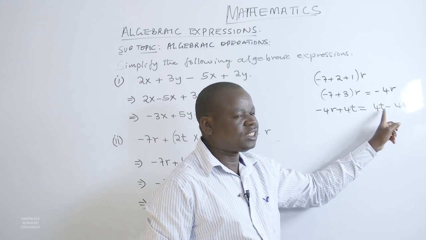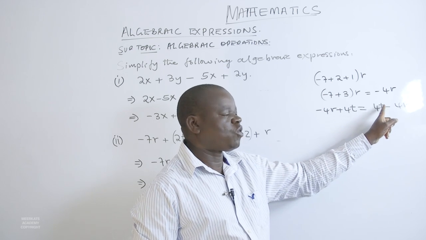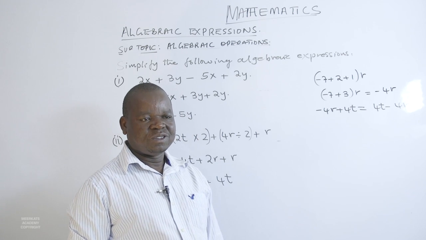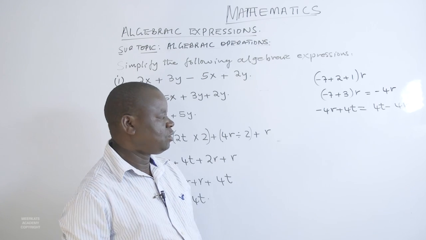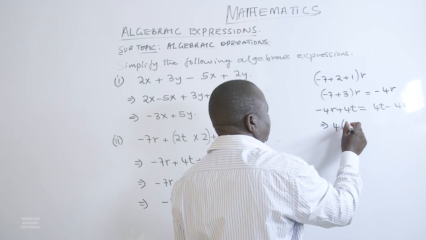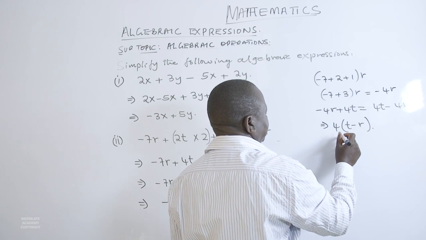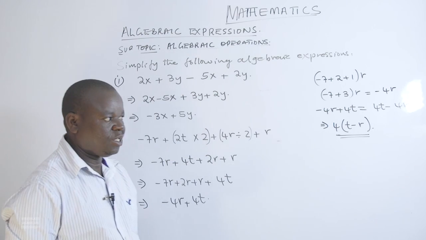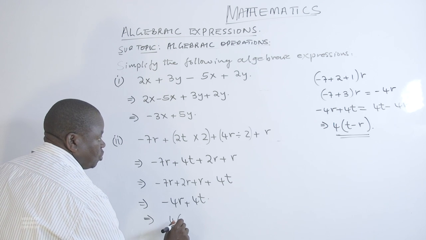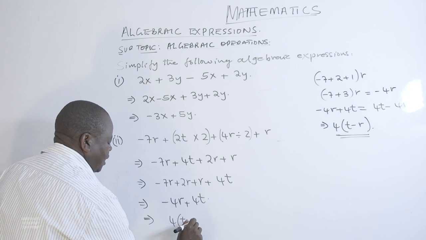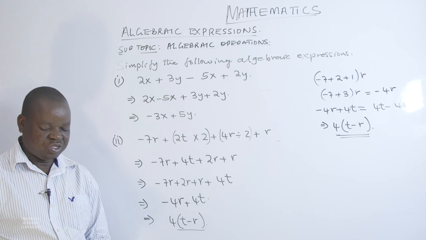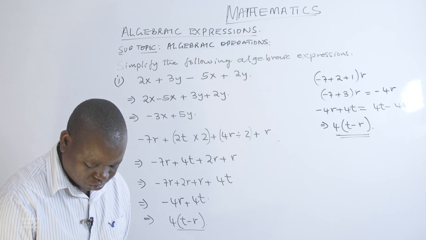But because the coefficients of the pronumerals are the same, it is 4 here and it is 4 there, we are allowed to filter out 4 in what we call algebraic simplification to obtain 4 into t minus r as our most simplified form of that algebraic expression. And this one we can now write as 4 into t minus r from the explanation we have given. And that is how we have simplified that particular algebraic expression.